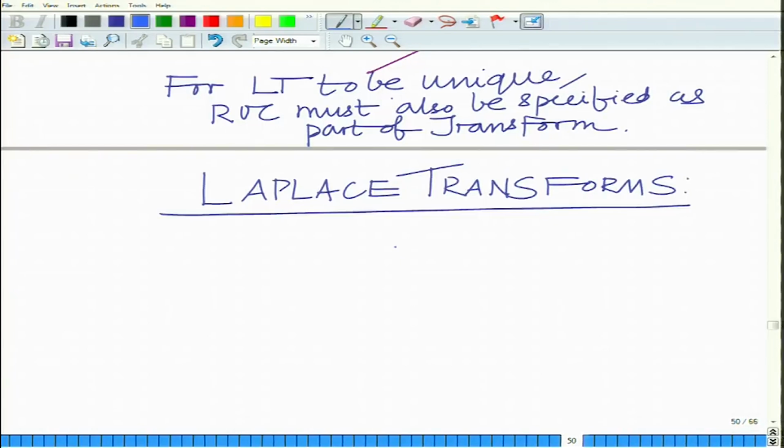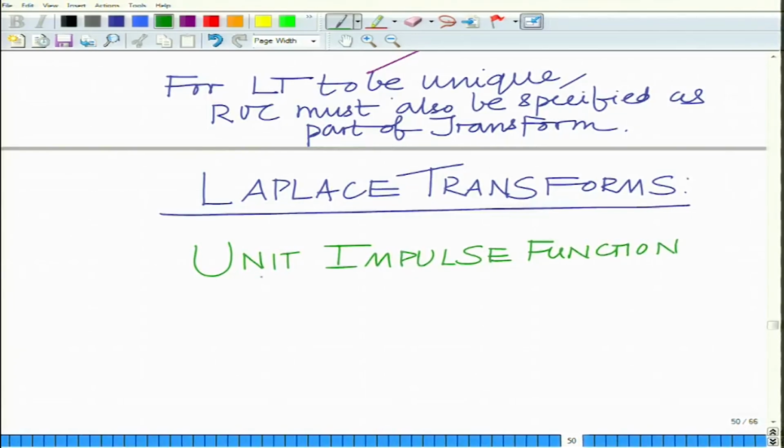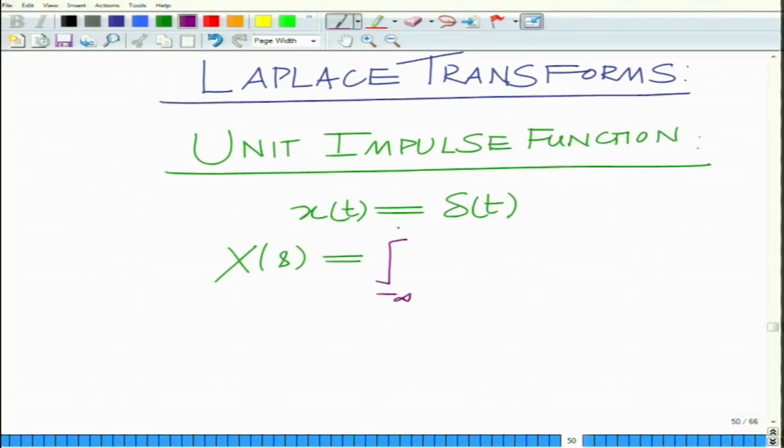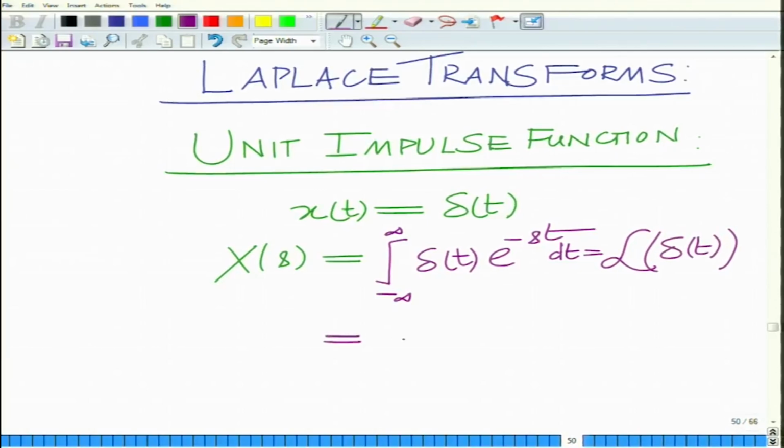Now, the unit impulse function. The Laplace transform of this, of course, we have x t equals delta t and X s equals integral from minus infinity to infinity of delta t e raised to minus st dt.